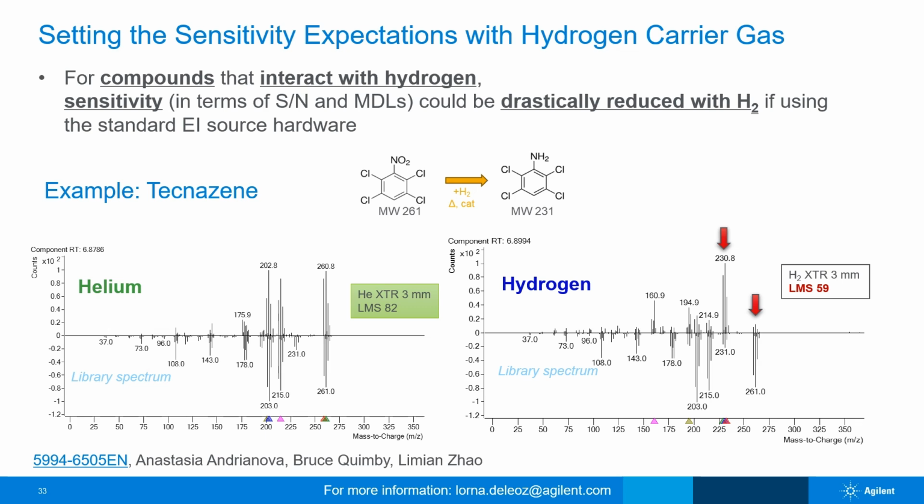Instead, 231 becomes the base peak in the mass spectrum. The nitro group in technazine becomes reduced to aniline in the presence of hydrogen, hence the 231 base peak ion. So we have a different mass spectrum now, a poor library match score, and an inability to confirm the identity of the compound based on the spectrum.